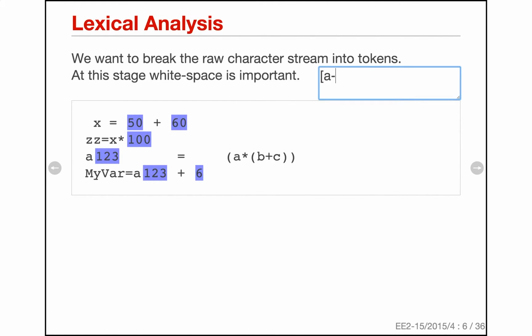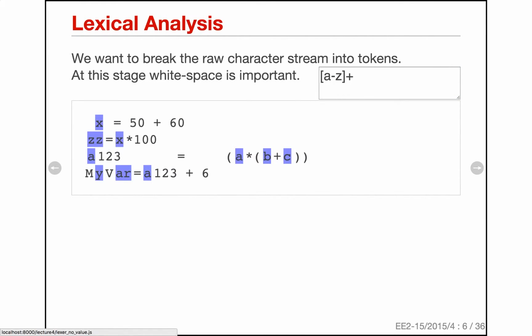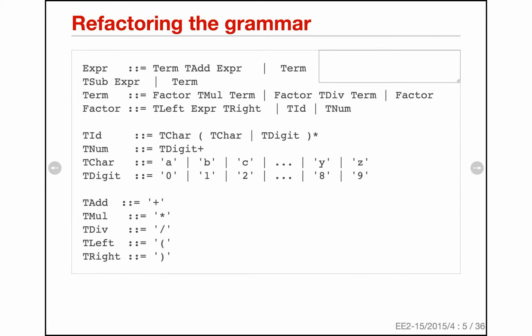If I try for identifiers, I have similar kinds of problems: X, fine, it's an identifier, ZZ, fine. But again, A123 shouldn't be split up. The entire identifier should be A123. So looking back at my grammar, I could be more careful and say an identifier is a character followed by zero or more characters and digits.